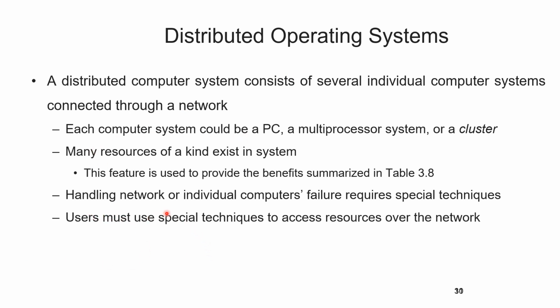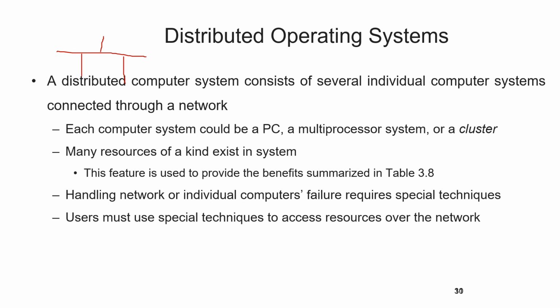Handling the network or an individual computer, if any failure occurs, requires special techniques. If an individual computer fails in a network, where a number of computers are connected, then special techniques are required to rectify that.